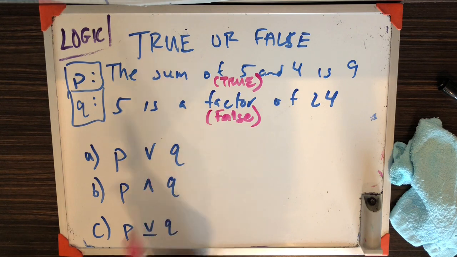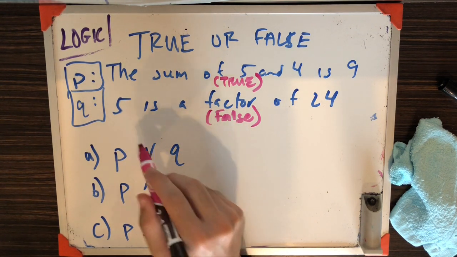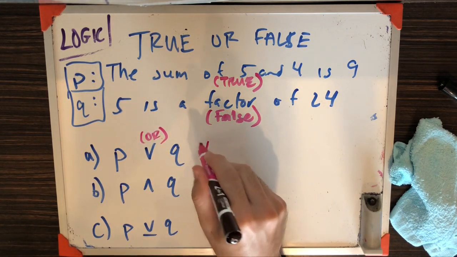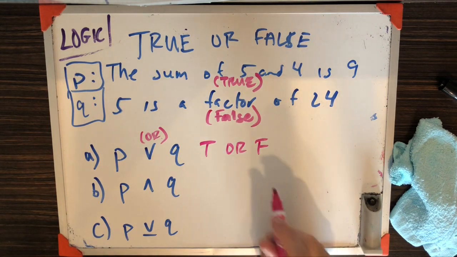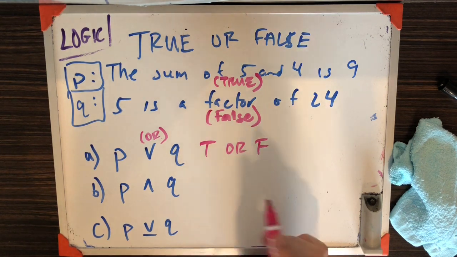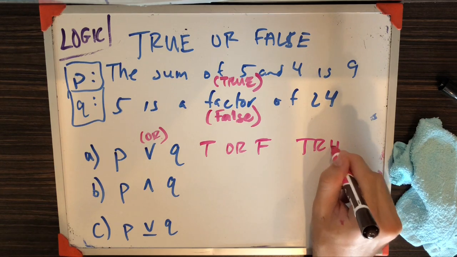So again, P or Q, this is or. If I have true or false, I would encourage you to look back at your truth tables. True or false would end up being true.